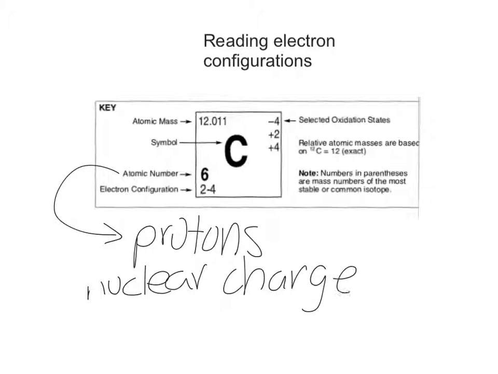Keep in mind that your nucleus has protons and neutrons in it, and the only thing that has a charge are the protons. The neutrons do not have a charge, so the nuclear charge is also equivalent to the number of protons. So in this particular case, carbon has an atomic number of 6, it also has 6 protons, and it has a nuclear charge of positive 6.